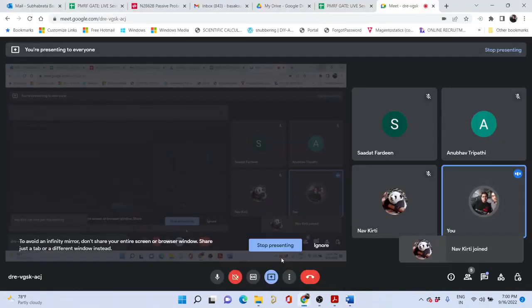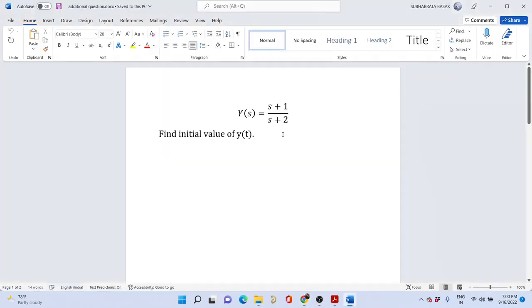You are able to see the problem, right? Please find the initial value of this y(t) and tell me what you are getting. 1/2. 1 by 2.